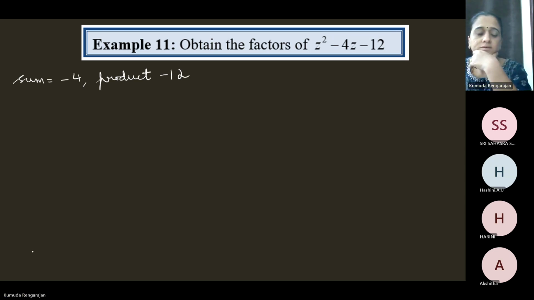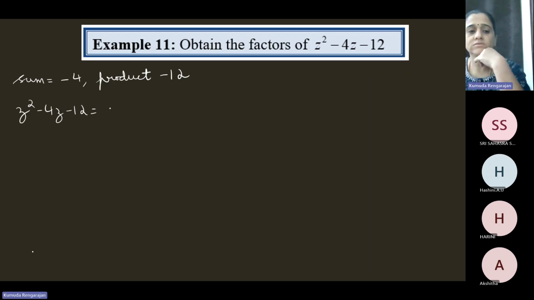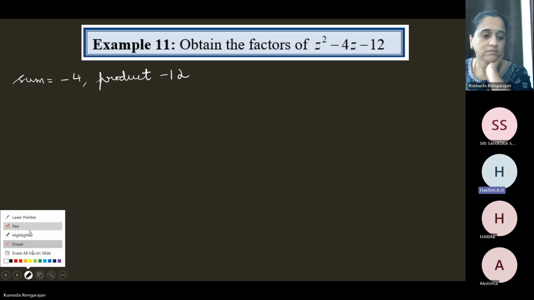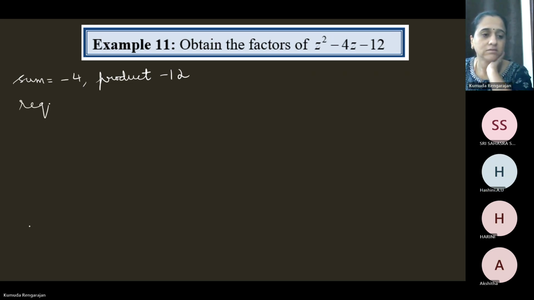Okay, how do we continue? Z squared minus 6Z. What are the required numbers? -6 and +2.